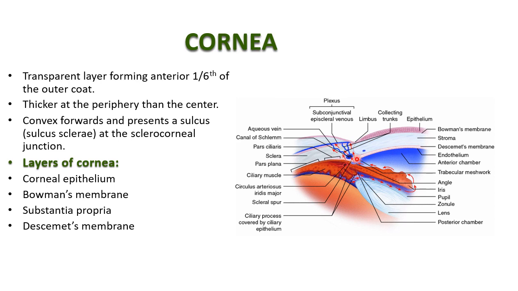Here you have a canal called the canal of Schlemm, and it gains attachment to an extension of the sclera called the scleral spur. You are able to see the scleral spur, which projects forwards and medially. So Descemet's membrane forms a trabecular tissue which gains attachment to the scleral spur.